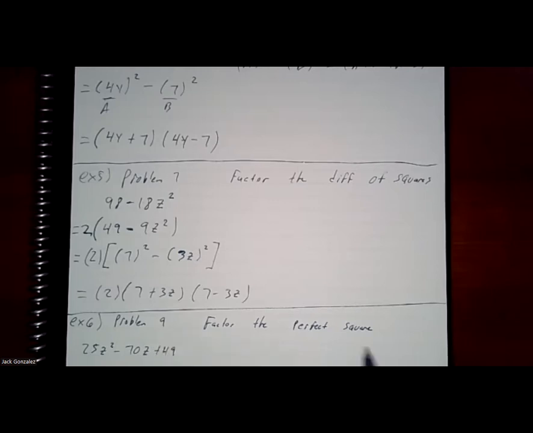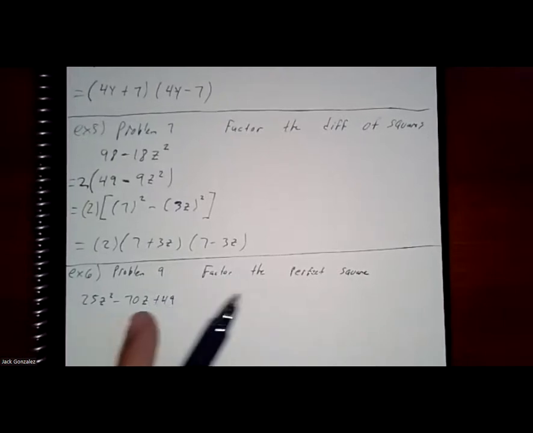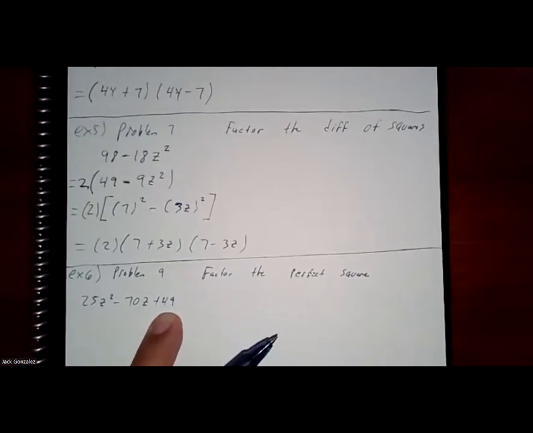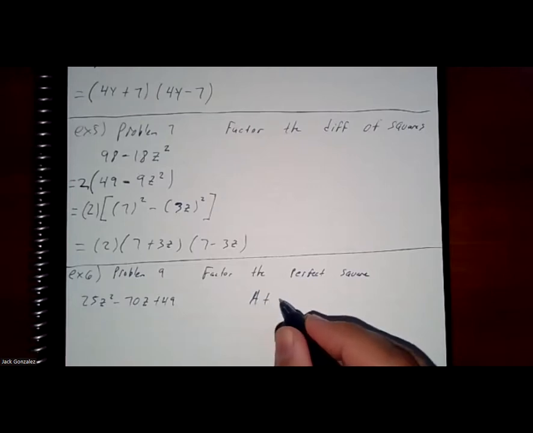So the hint that it is a perfect square is if you see that the first term is a square and the last term is a square, there's a good chance that this is a perfect square. 90% of the time, if you see that, it's going to be that type.